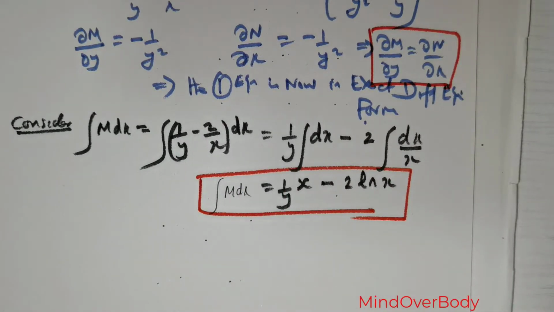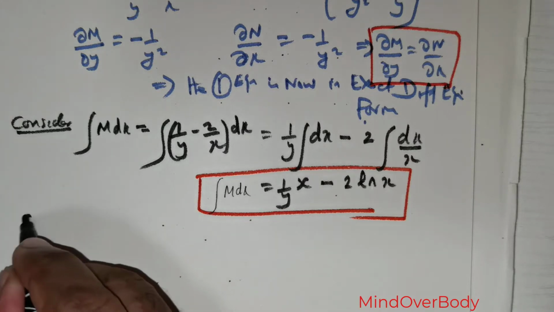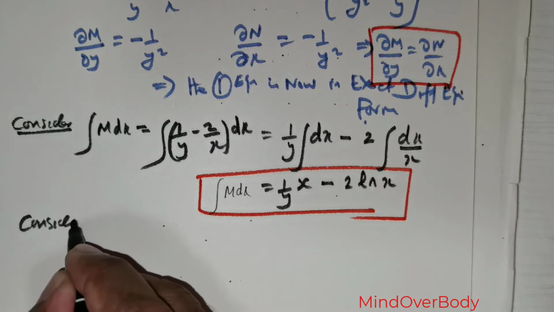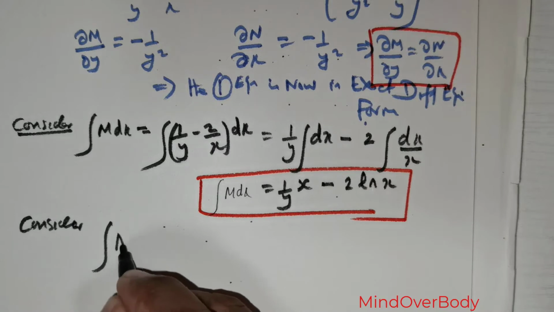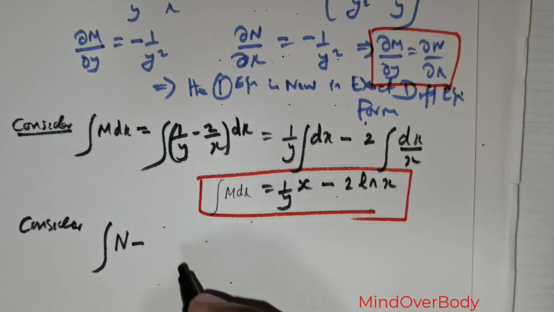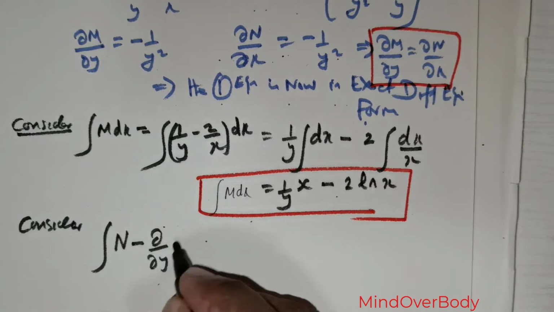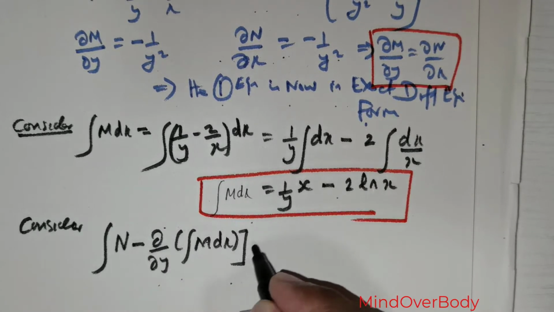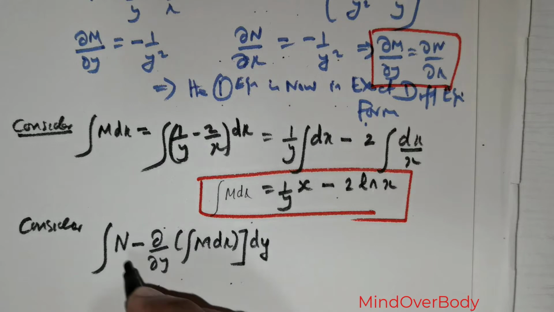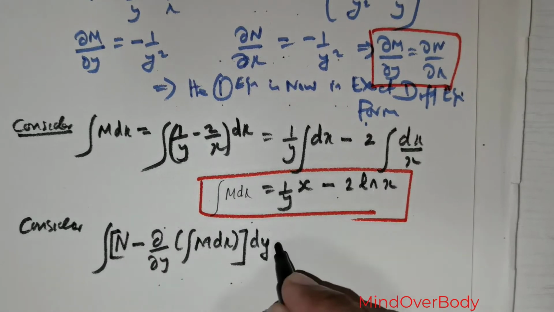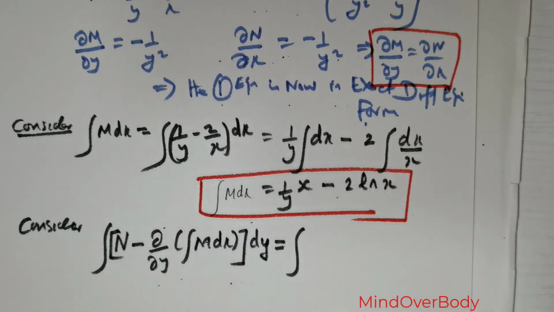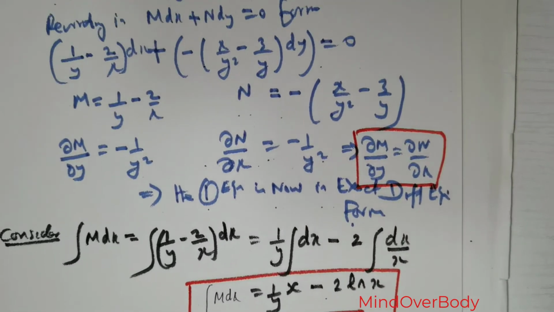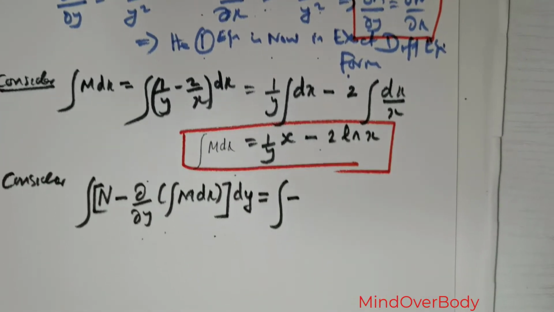After this, it's time for us to consider the integral of N minus the partial with respect to y of the integral of M dx, times dy. Now this is equal to the integral where my N is this quantity. I need to substitute that.